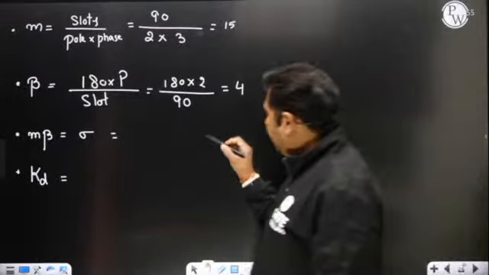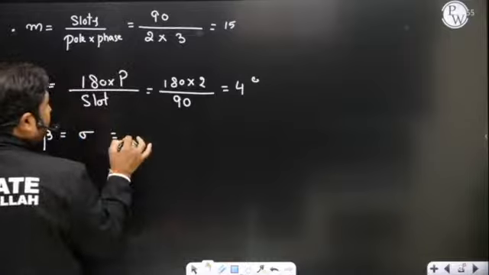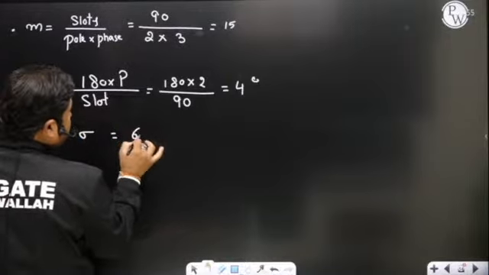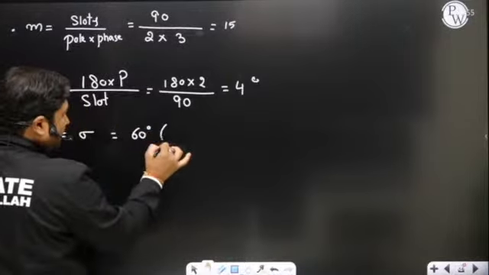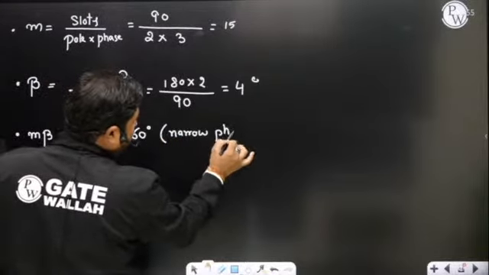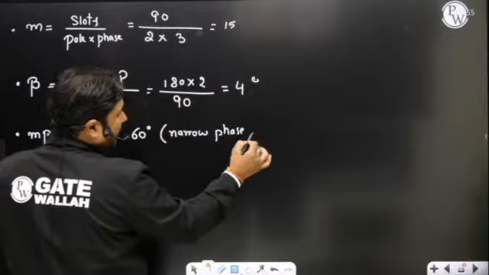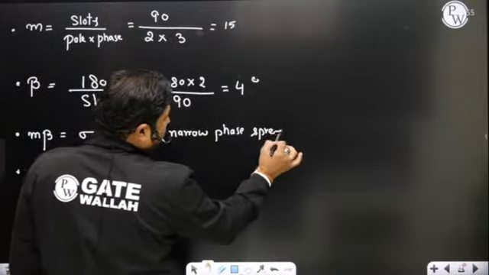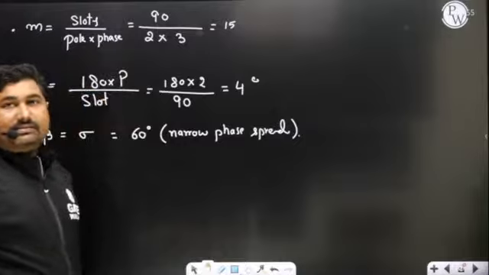So for 4 degrees, m beta can be represented as sigma, 60 degrees. This 60 degree is also called narrow phase spread in the case of a 3-phase machine.